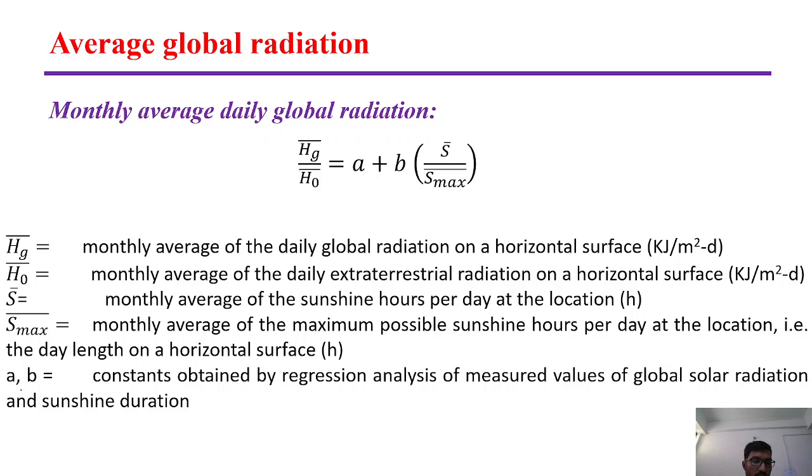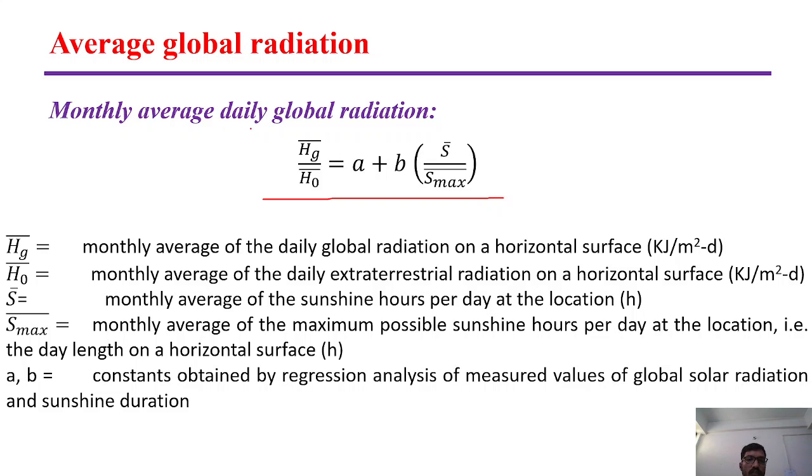Though there are many empirical correlations, we have to adopt the one that best suits the particular area. For this coursework, we have adopted these, and the details can be obtained in the book by S.P. Sukhatme and J.K. Nayak, Solar Energy, Principles of Thermal Collection and Storage.